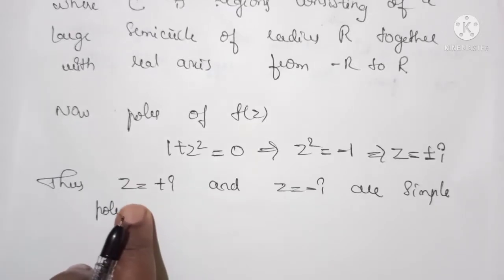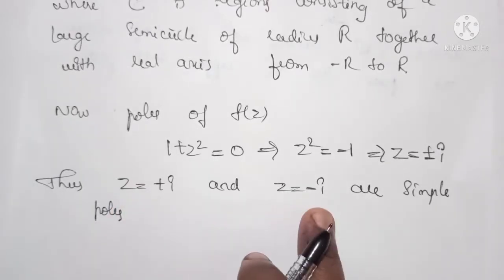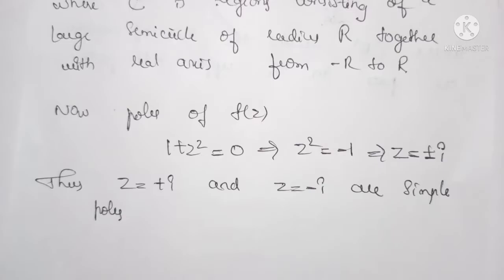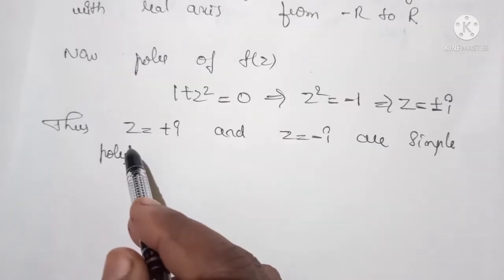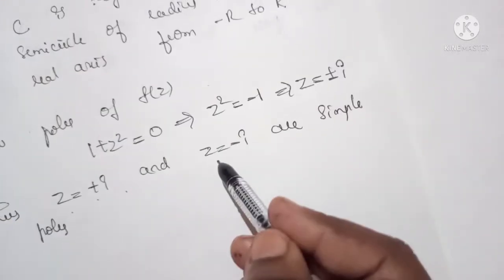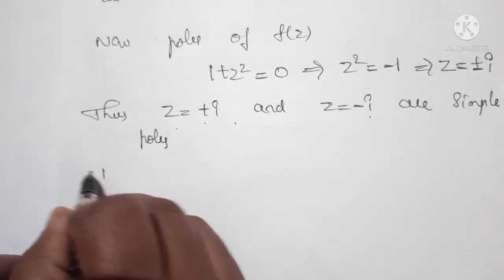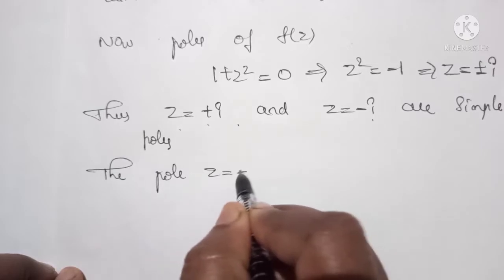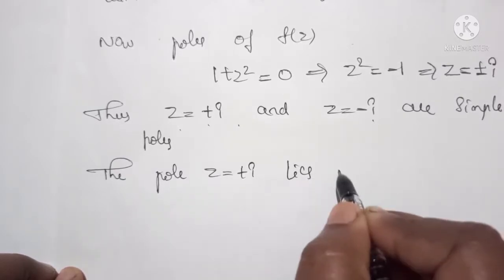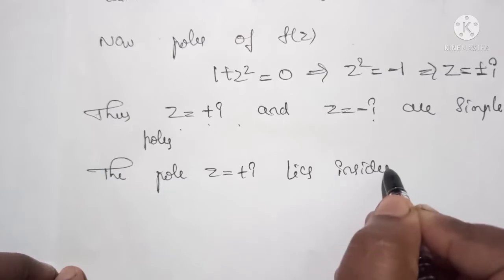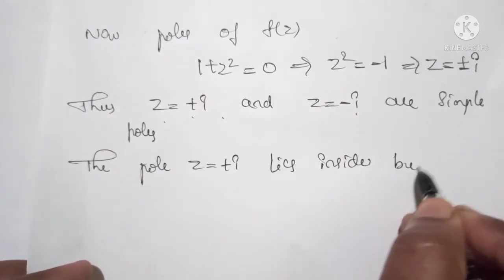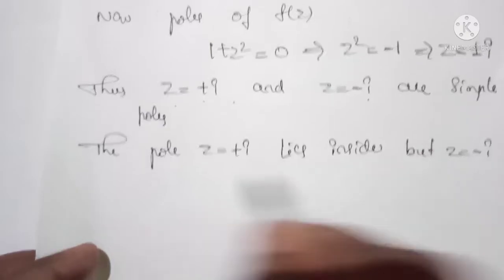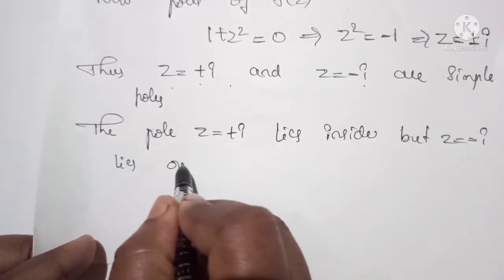Now we check whether they lie inside the circle or not. The pole z equals plus i lies inside the circle, but z equals minus i lies outside the circle C.